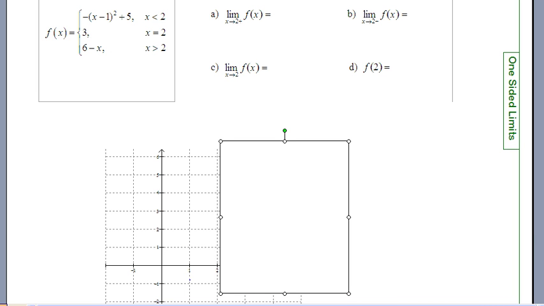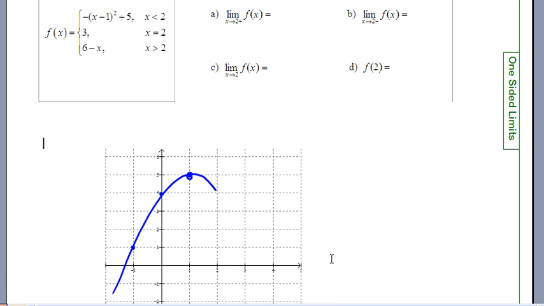It's actually got a vertex at (1, 5). And there's a point here. There's almost going to be a point there. And (3), another point there. And so this parabola goes like that. And it stops. And it's not even allowed to graph at 2. This one says, nope, sorry, not at 2. So I might want to put a little open circle there.